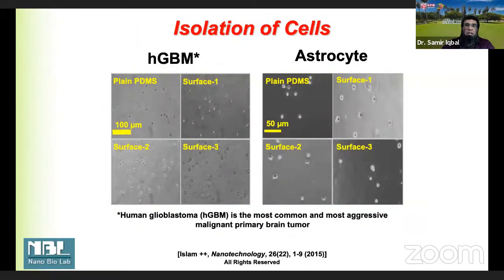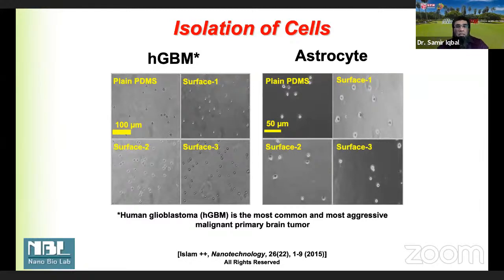Now, this is something which can be used in a microfluidic channel to detect different colonies or different cells. So another work which we did was where we looked at brain tumor, especially glioblastoma, which is a very aggressive and very deadly brain tumor. In this case, what we did was incubate the surface with the human glioblastoma samples, washed, and saw what the differences are in those surfaces going from one roughness to the highest roughness.